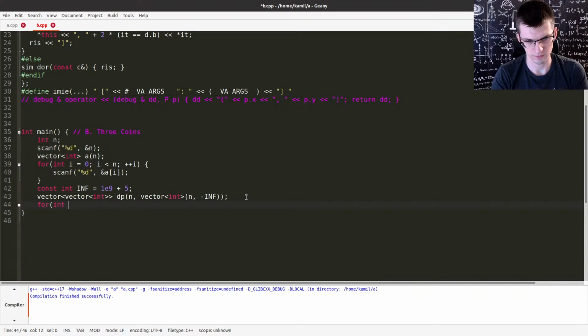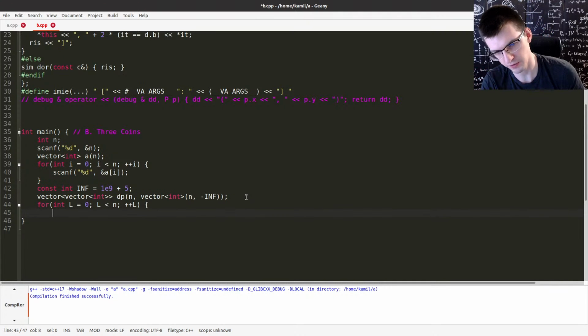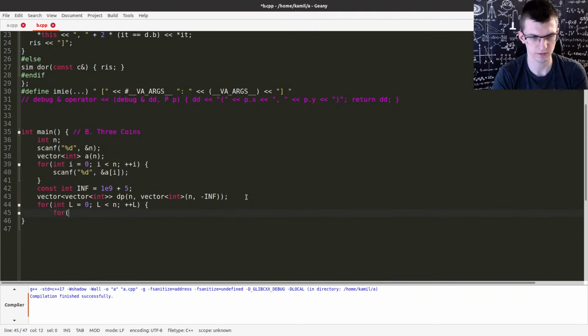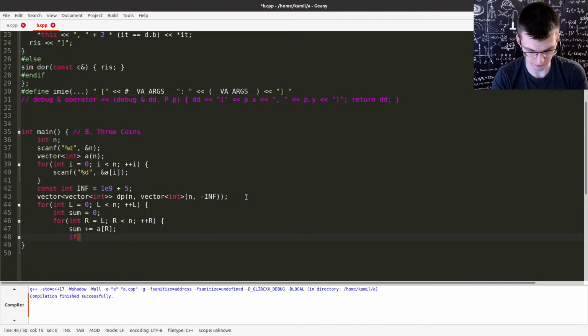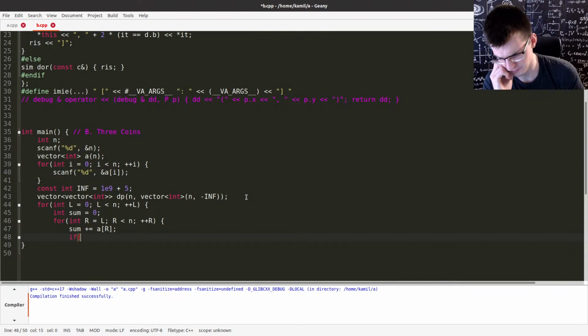For every L, I take the sum of values from the input. But this needs to be multiple of 3. Or is it enough that I say I only do it for size 3?